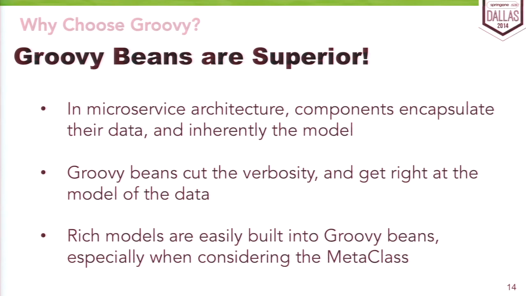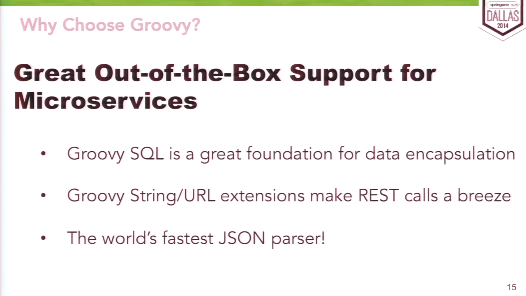But then behind the scenes, Grails enriches those domain classes so that you have the dynamic finders, and the ability to save directly off of the Groovy bean. These are capabilities that are only possible with Groovy beans, and are a really good value add to your architecture, to your microservices, right? So that's a really good approach.